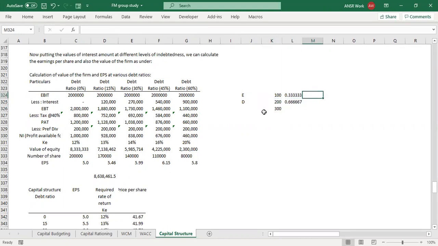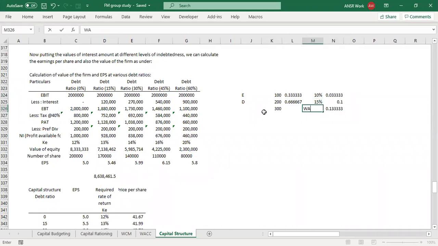Then suppose the cost of equity was 10% and this was 15%. We were multiplying this and then multiplying this, and totaling these two to calculate the overall cost of capital. Does that make sense? I'm not able to connect. I don't know what I'm missing today. No problem.